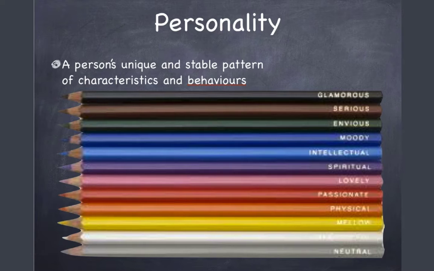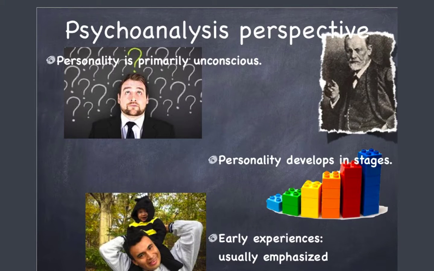Now, what we're going to look at, as mentioned, are some of the earlier theorists that influenced the direction later theorists went in trying to describe what personality is. The psychoanalytic perspective, which was pioneered by Sigmund Freud, views personality as primarily unconscious, beyond your awareness, and as occurring in stages. One, it's unconscious. You don't think about performing and putting out characteristics that would be described as your personality. They just seem to occur beneath the conscious level of awareness.